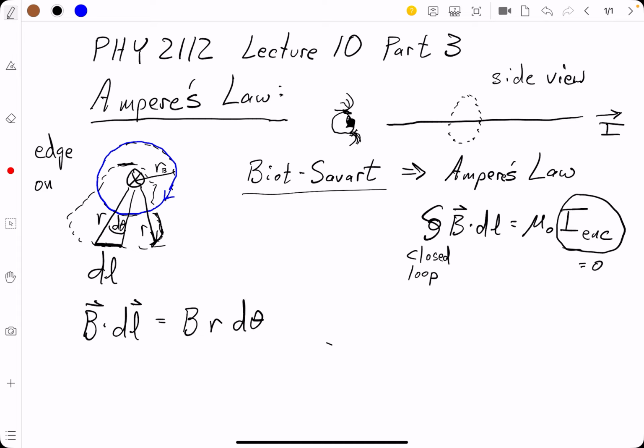Now what about the dot product? When you do a dot product, you should always get the cosine of the angle between the two things, because they're not perfectly in line with each other. But guess what? These things are infinitesimals.